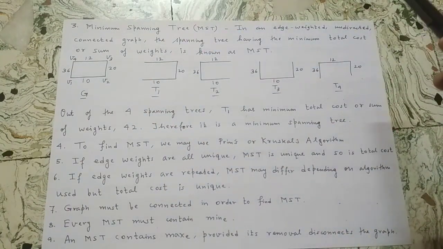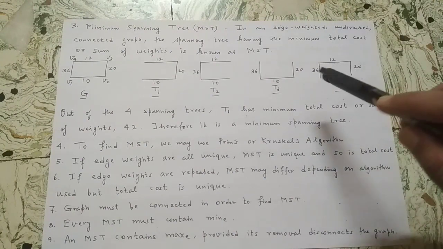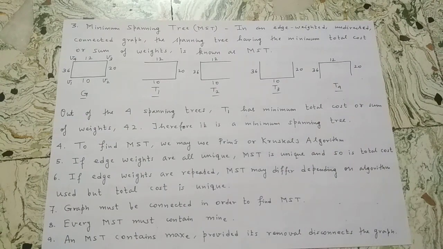Whenever you're trying to define the minimum spanning tree, the graph has to be connected. Such a spanning tree will have a minimum total cost. That means if you take the sum of the weights of all the edges of your spanning tree, the spanning tree which has the minimum sum of weights will be called the minimum spanning tree.